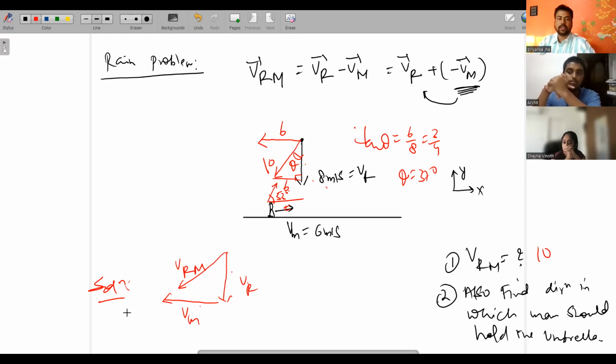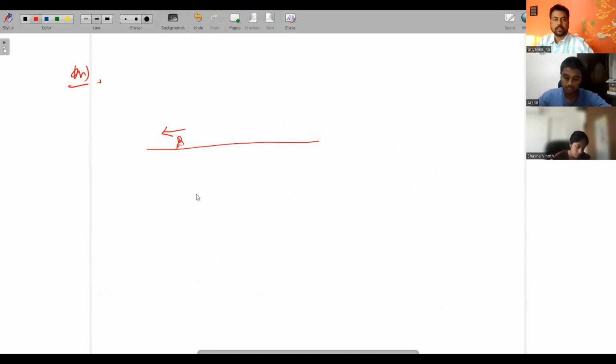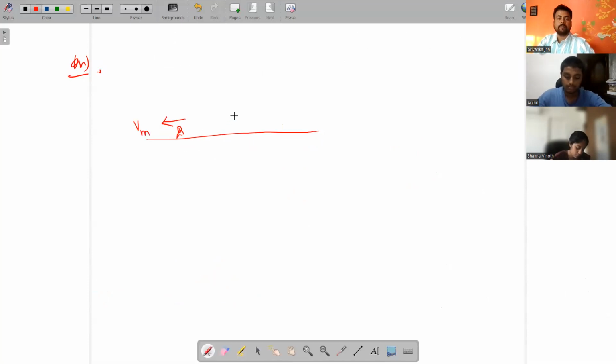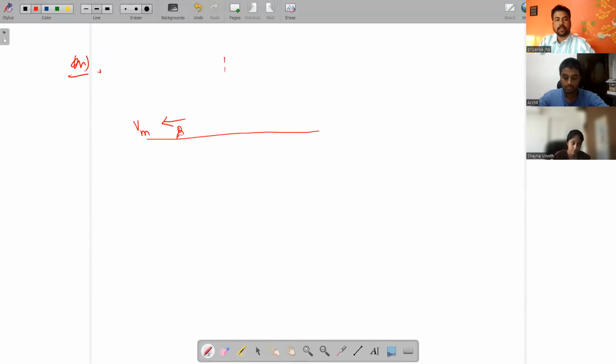Suppose next question. Say the graph. This man is moving with some velocity towards left. Suppose this is the velocity of man, and he observes that rain is falling at some angle, suppose 37 degree with the vertical.